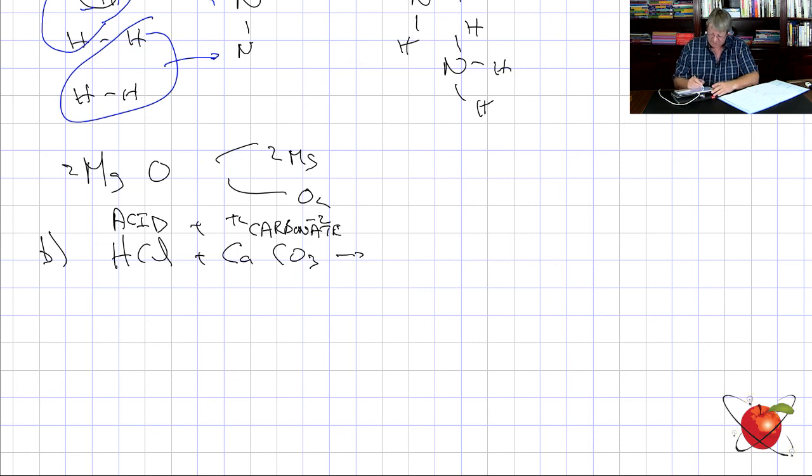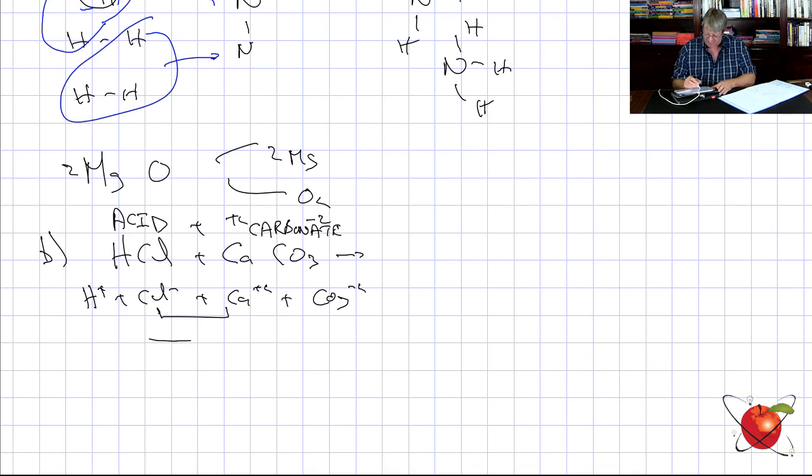Well, first of all, this is going to break up into H+ and Cl- plus Ca2+ and CO3 2-. These things are going to ionize or dissociate in the water, and then we're going to get a mix. These are going to get together like that. We get this ion exchange. What do we get? We get a metal salt.